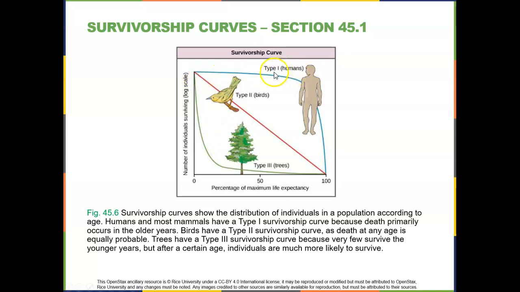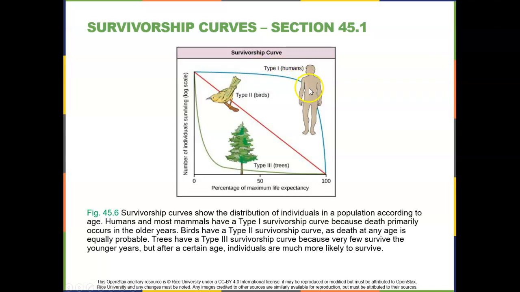So when we take a look at type 1, we see that over the life expectancy, we're saying the percentage of maximum life expectancy. So, if we expect humans to live until they are 100, these numbers would be 0 to 100. And we see that very young humans tend not to die until they get older, and even in midlife, we don't see much of a drop.